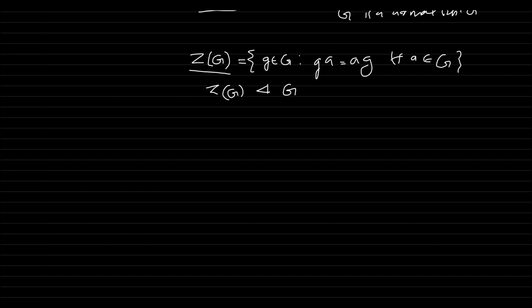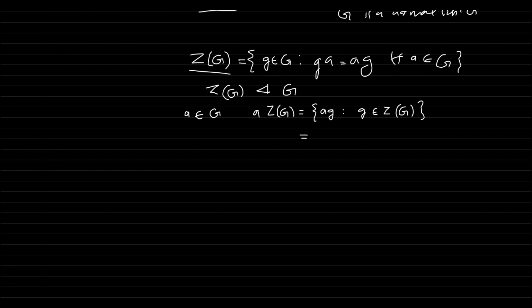So we need to prove this. For that, consider an element a in G. What is the left coset a Z(G)? It consists of all elements ag such that g belongs to the center of G. This is the actual set.